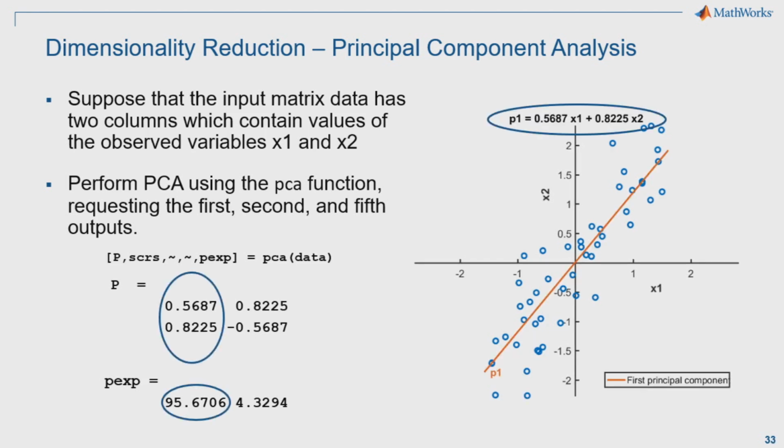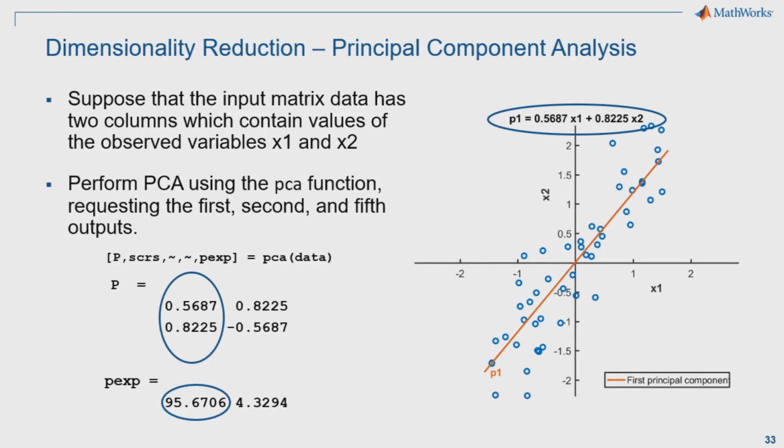So if we consider what is the meaning of the first column of the matrix P, we would discover that this can be used to draw the equation of this line, that is the first axis in which we have projected our data.